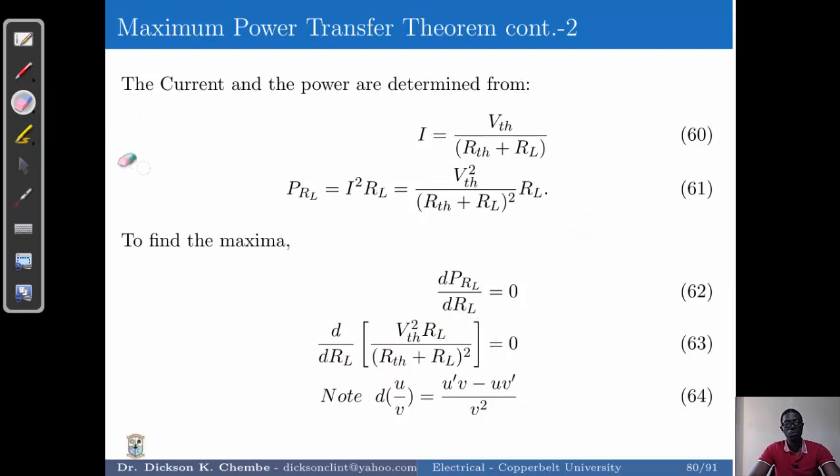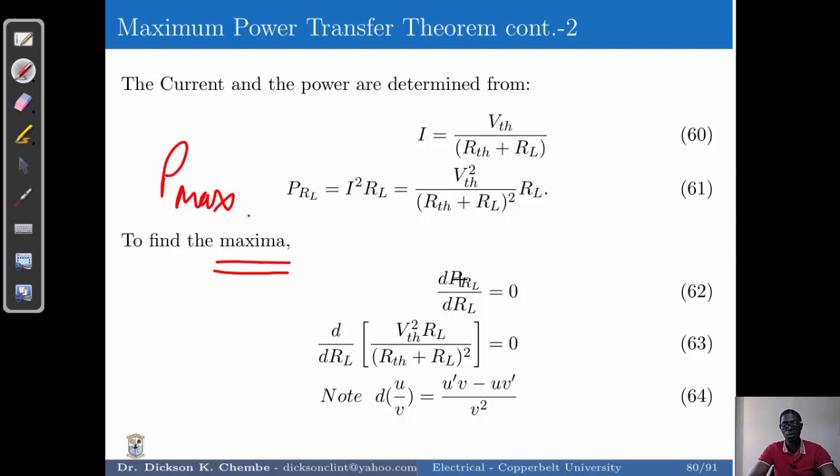To find the power, we use I squared R. If this is I, then this is our I squared, multiplied by the load resistance, and this is our maximum power. How do we find the maximum point?